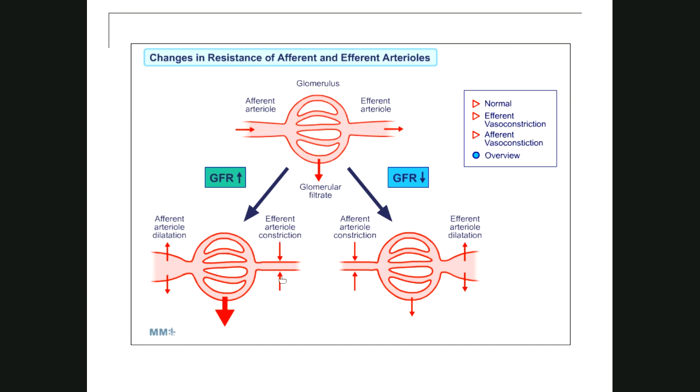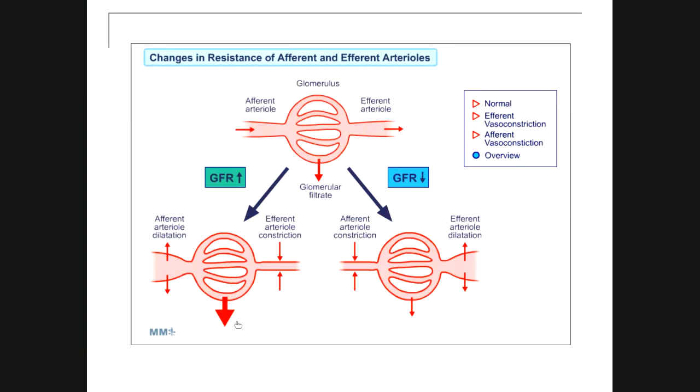In these cases, the amount of blood coming to the glomerulus increases, and the blood leaves for a longer time because our efferent arteriole is very narrow and the blood needs more time to go out of the glomerulus. So when the blood remains in the glomerulus, it can do more and more filtration. And as you see here, the GFR increases.